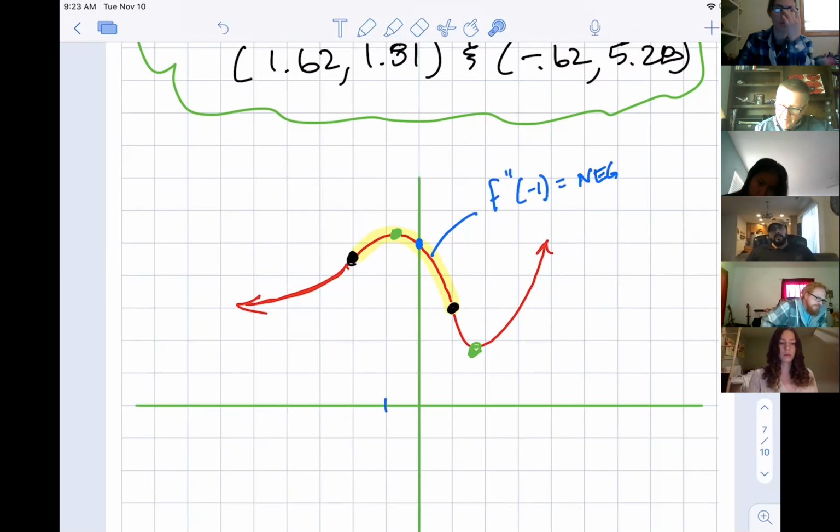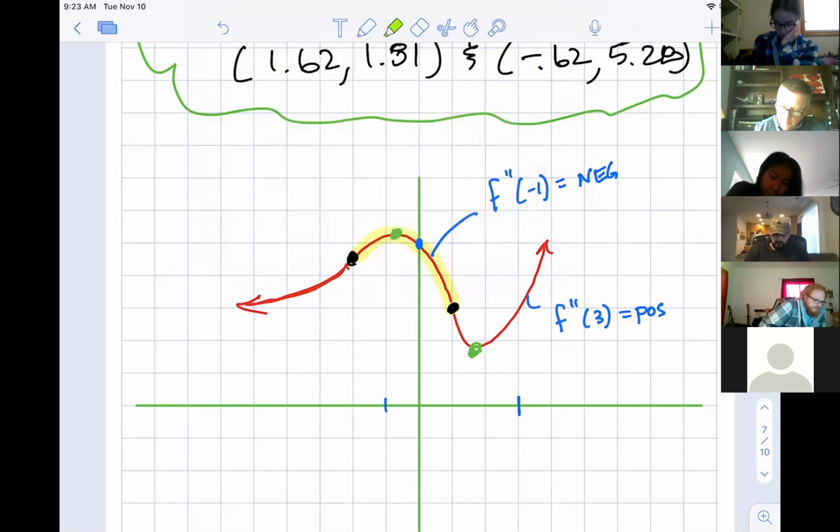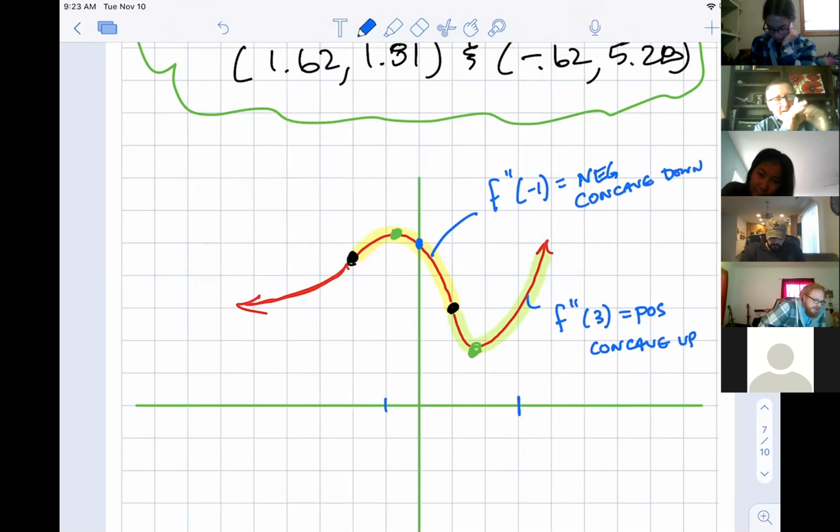If I chose any point out here, like let's say 3, f double prime of 3 would have been a positive number, which means that section out there is concave up. Negative means concave down. Now, in my case, I was using an educated guess just based on the fact that there's maximums and minimums and inflection points.